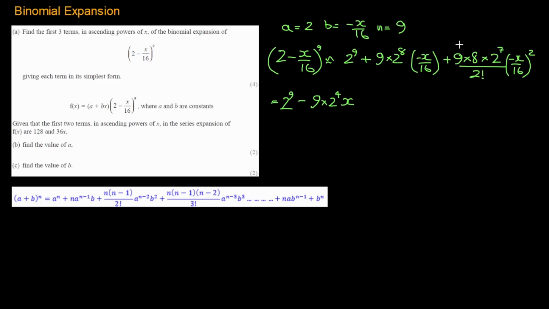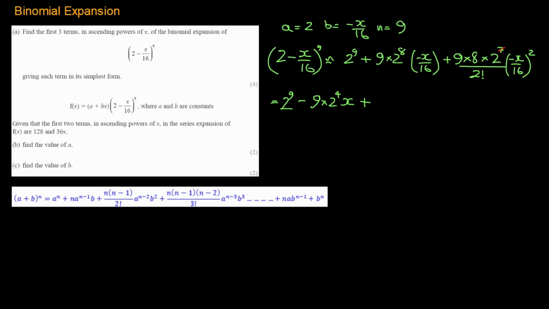Yes, what I should do is check the polarity of the term first. This will be plus because we've got negative x times negative x, which will give us a positive x squared as a result. 16 is 2 to the power 4. But when we square it, this will be 2 to the power 8.